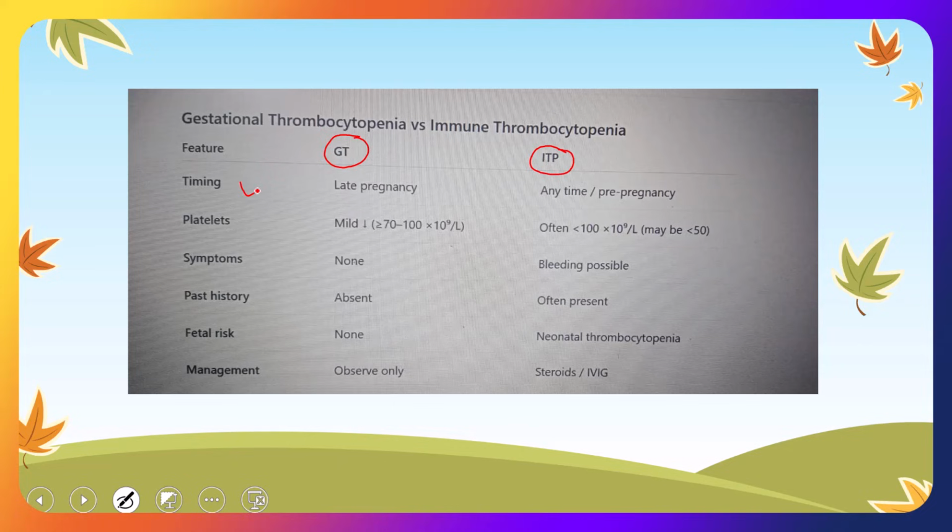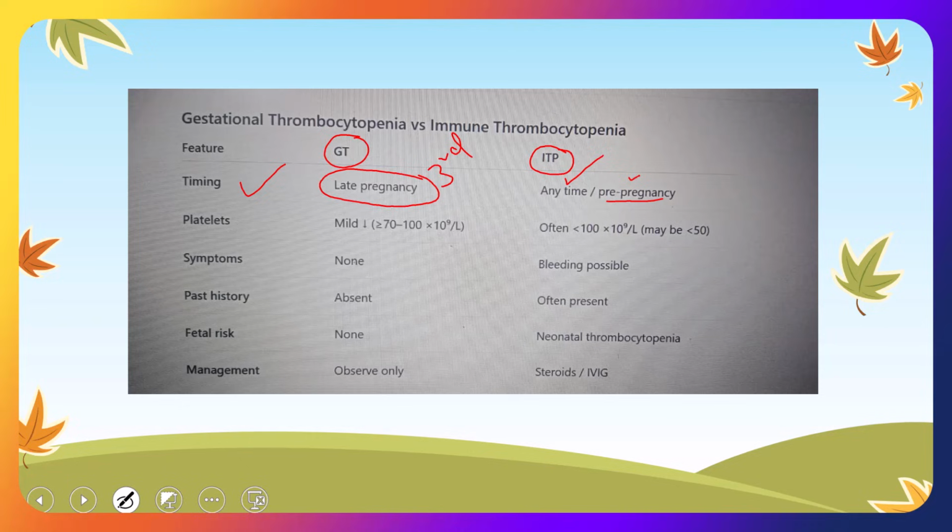Now, what is the timing? This is very important: gestational thrombocytopenia occurs most commonly in late pregnancy, in the third trimester. But ITP can occur any time in the pregnancy and there is usually a history of thrombocytopenia outside the pregnancy as well, pre-pregnancy.